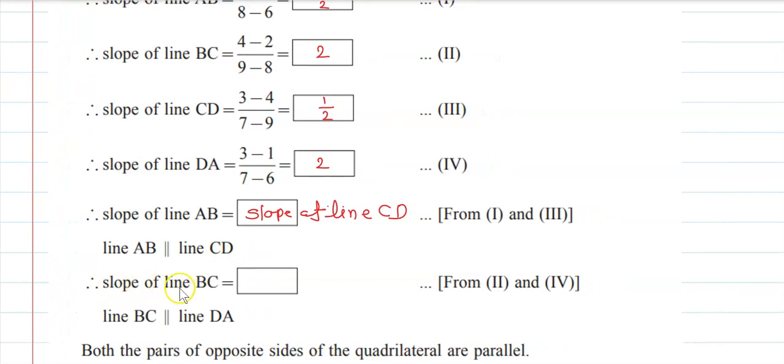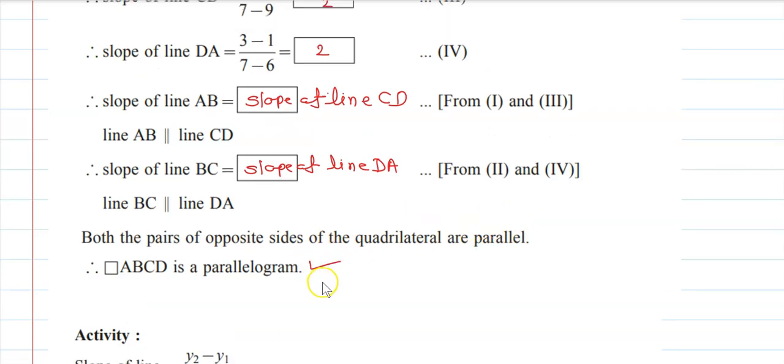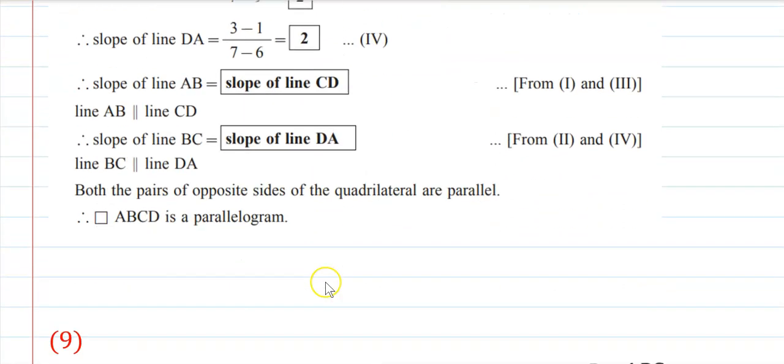And the next, slope of line BC is equal to slope of line DA. Therefore, line BC is parallel to DA. Both pairs of opposite sides of the quadrilateral are parallel. Therefore, quadrilateral ABCD is a parallelogram. It's an easy activity, you can see it again here.